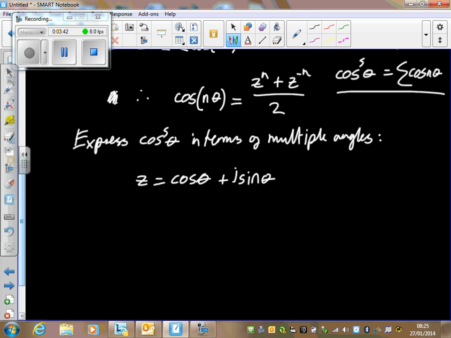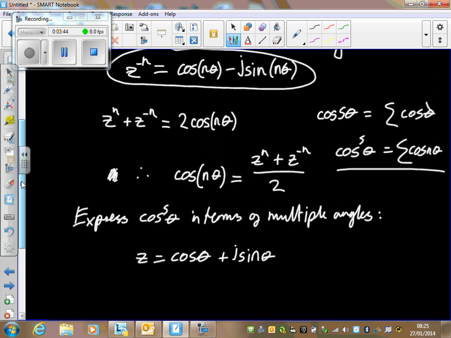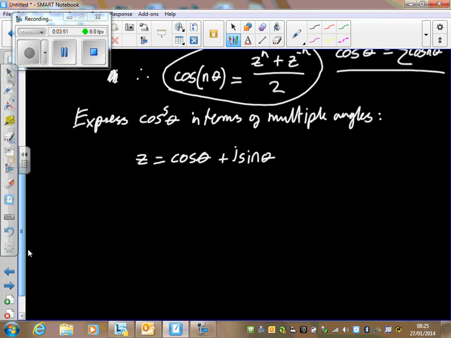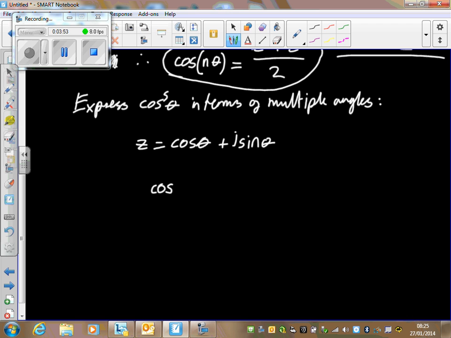Now, from our formula here, if we replace n by 1, we know that cos theta is Z plus Z to the minus 1 divided by 2. Rearranging that, I get 2 cos theta equals Z plus Z to the minus 1.